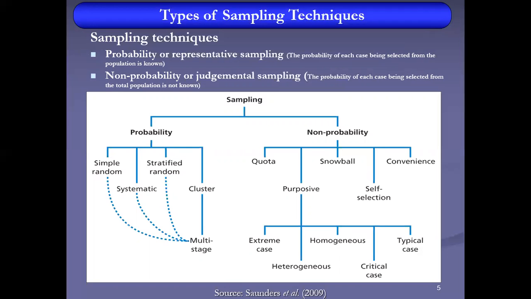So we can draw the sample using probability sampling. Maybe we can select 100 samples from 2000, maybe 300 samples from the 2000 people using simple random sampling, randomly selecting the samples because we know the population.